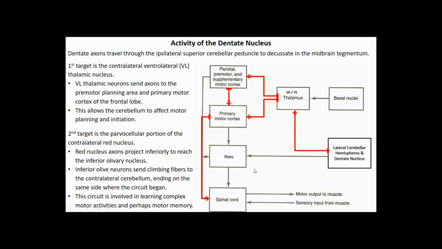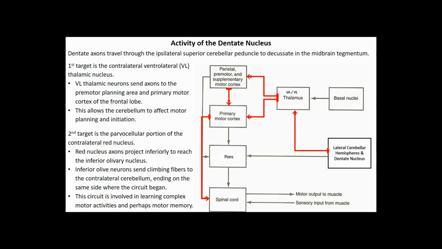Now, not represented on this picture is a second target. After we have the decussation in the midbrain, these axons go through the superior cerebellar peduncle and decussate. Another target for them, aside from the thalamus, is the contralateral red nucleus. The small cells in there, the parvocellular, small cell, part of the red nucleus, are then going to project inferiorly to the inferior olive.